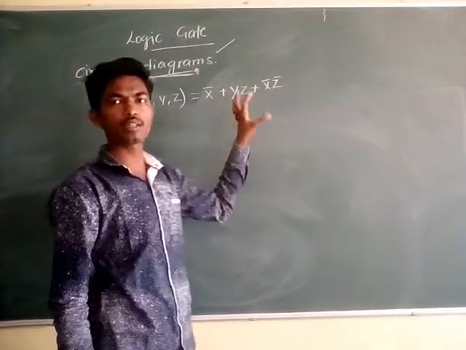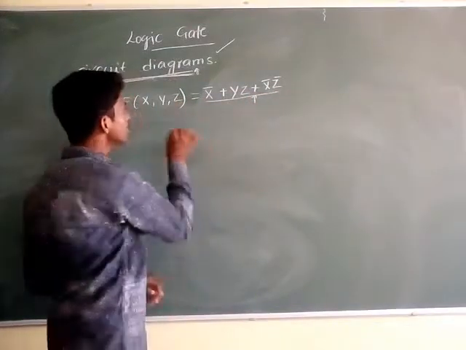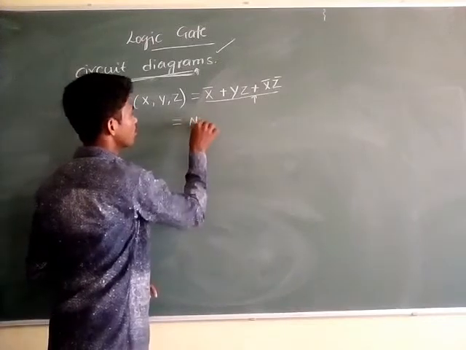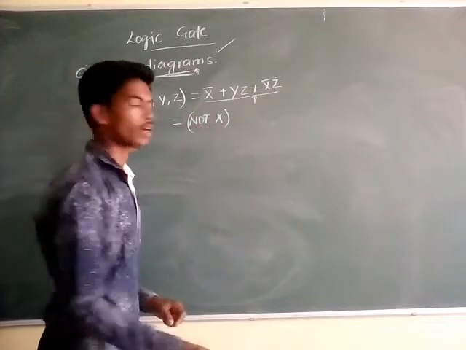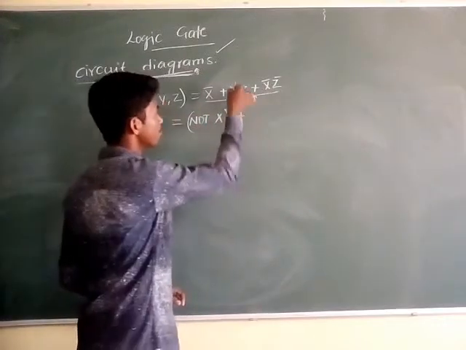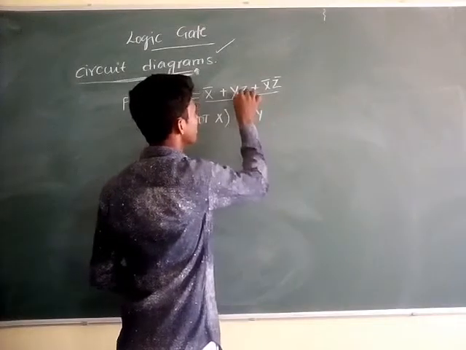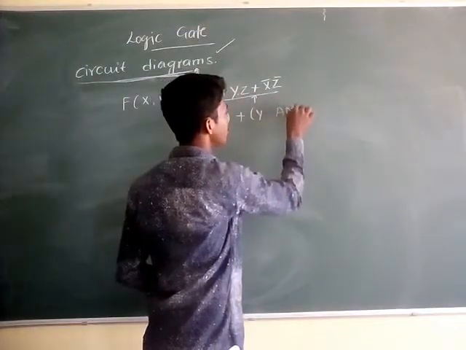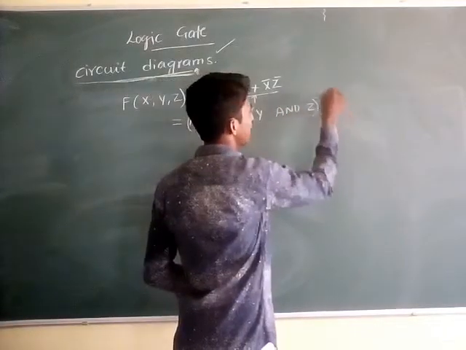If you simplify the given expression, I will write it directly in a single step. X complement, that is NOT X, plus Y Z, which I will write with the into symbol. Just assume the into symbol. So Y and Z, plus X complement.